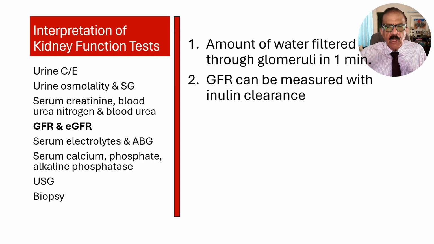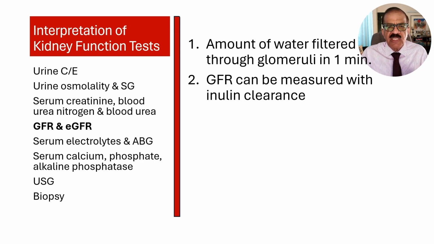So all the amount in the plasma goes into the Bowman's capsule, and then in the tubule it is neither reabsorbed nor excreted. So all the substance which is filtered into the Bowman's capsule passes into the urine. If we have that substance, then we measure urine for 24 hours, measure the total amount of that substance excreted in the urine, and we measure the plasma level also. Then we can do the glomerular filtration rate measurement.